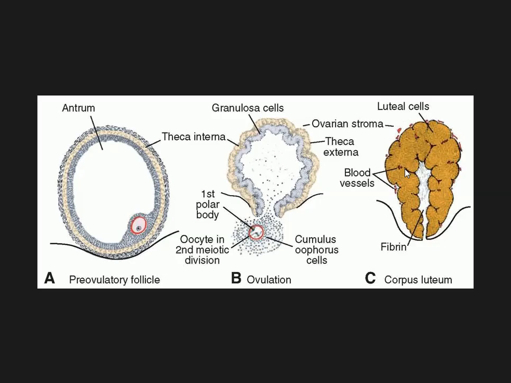The series of changes that begin with the formation of the ovarian follicle and end with the degeneration of the corpus luteum constitute what is called the ovarian cycle. An ovarian cycle has an average duration of 28 days, with ovulation occurring at mid-cycle, around day 14.